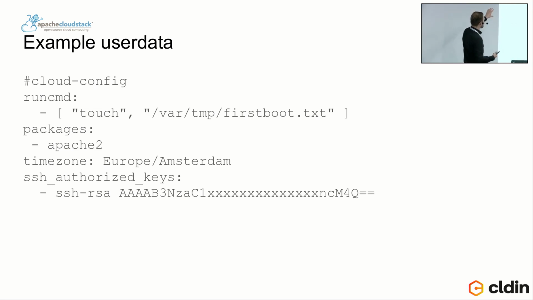If you would take this piece of cloud config, copy it into a DigitalOcean UI and say boot, it will work. So it's the abstraction of the data sources which make sure that cloud-init gets the right information. It's up to you to make sure that the commands you put in here actually work. So the package called Apache 2, if you want to touch a file, that you make sure that the path exists depending on the distribution you're working on.